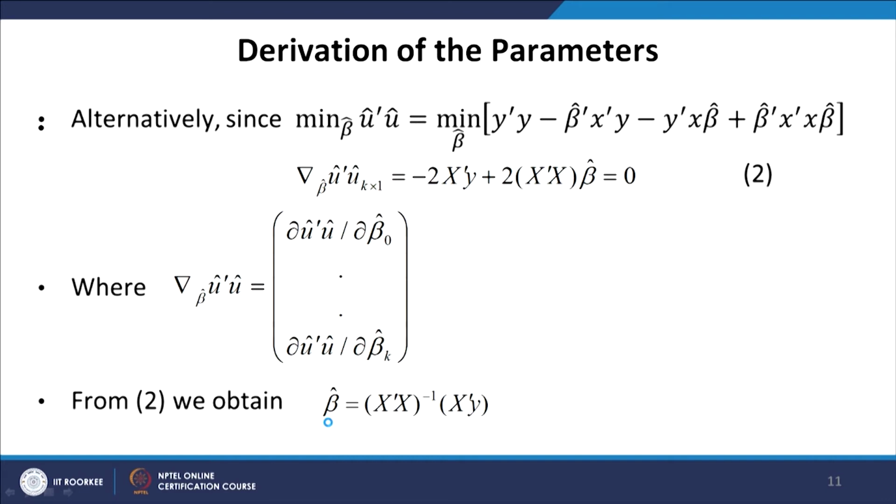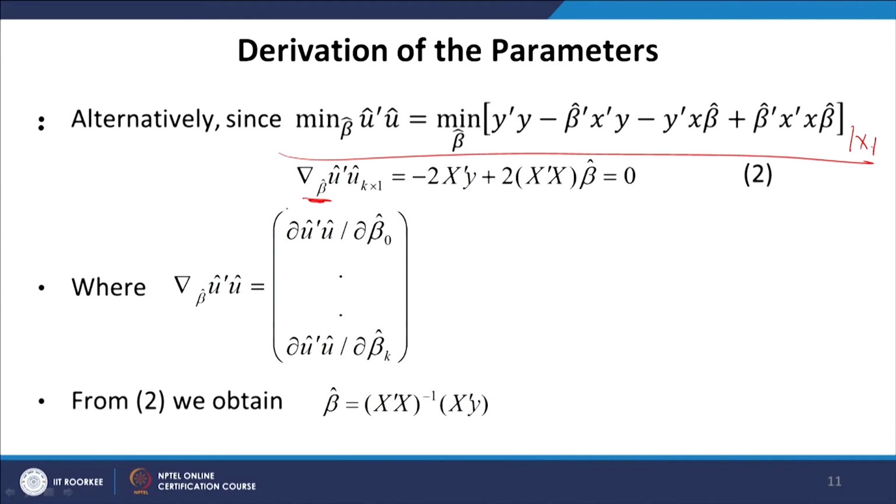Now, we get into the actual derivation of this. So, how do we arrive at x prime x inverse x prime y? If you remember in the previous slide, we had this expression: minimizing u hat prime u hat is equal to minimizing this expression, which is of dimension 1 by 1.